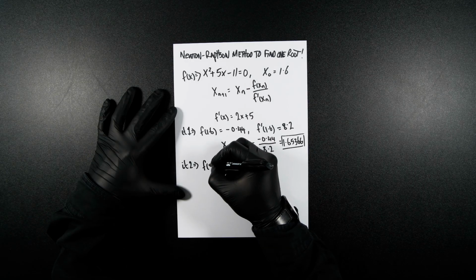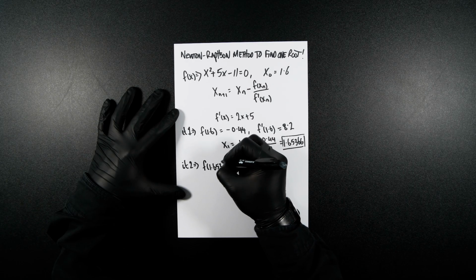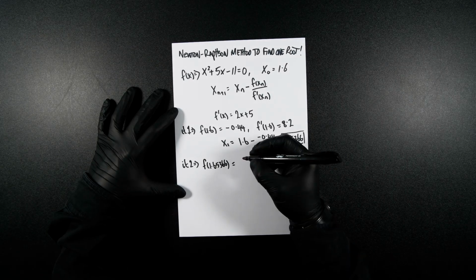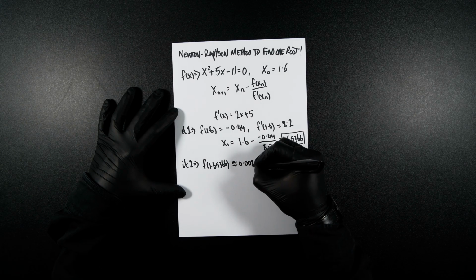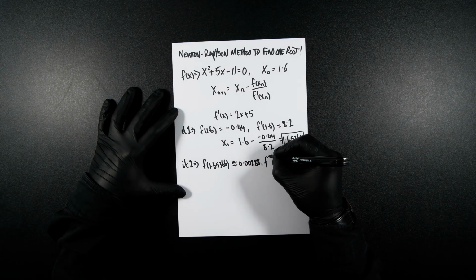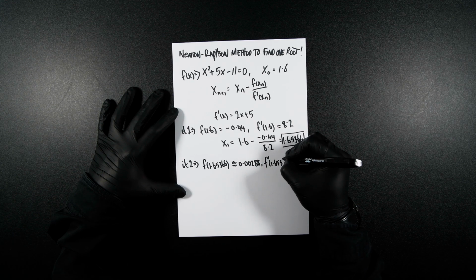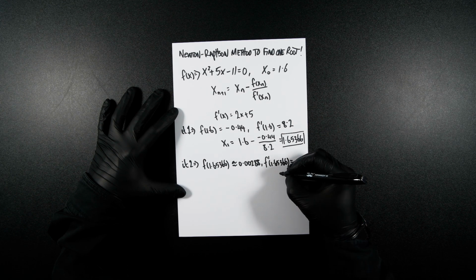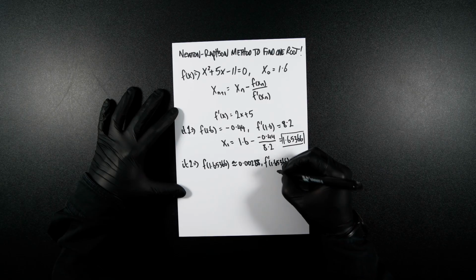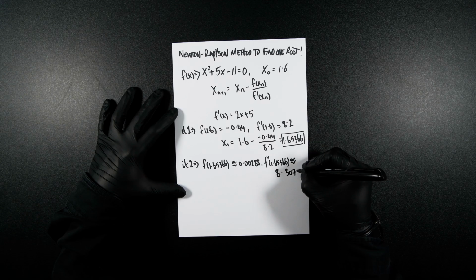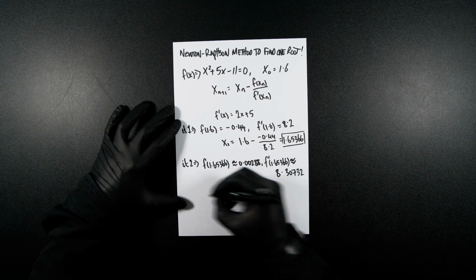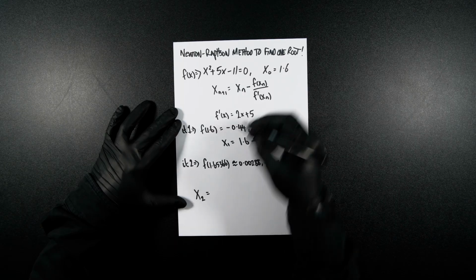So let's take the function and plug in 1.65366, and that is going to, well, I'm going to do squiggly lines, so it's roughly equal to 0.00288, and f' of 1.65366 is going to be equal to, again, roughly 8.30732. We can now plug this in to here.